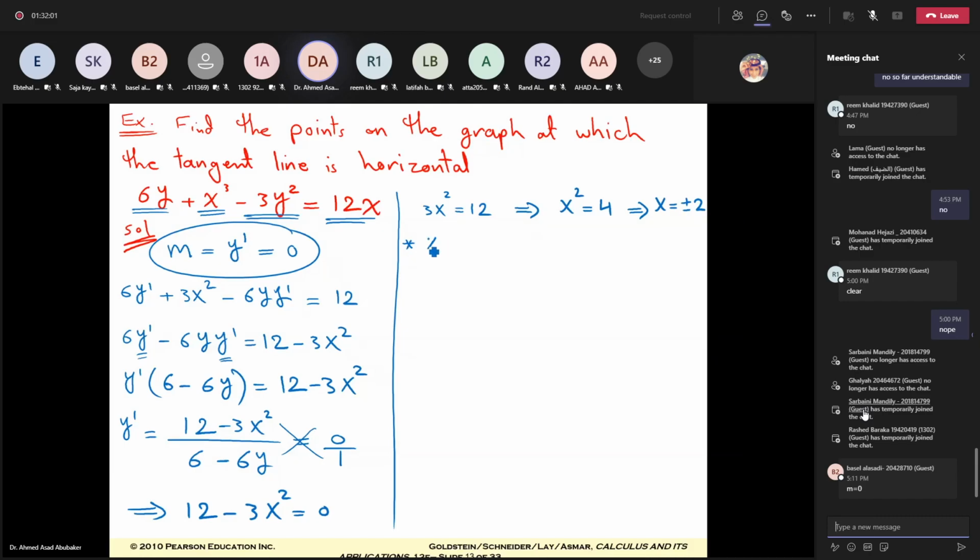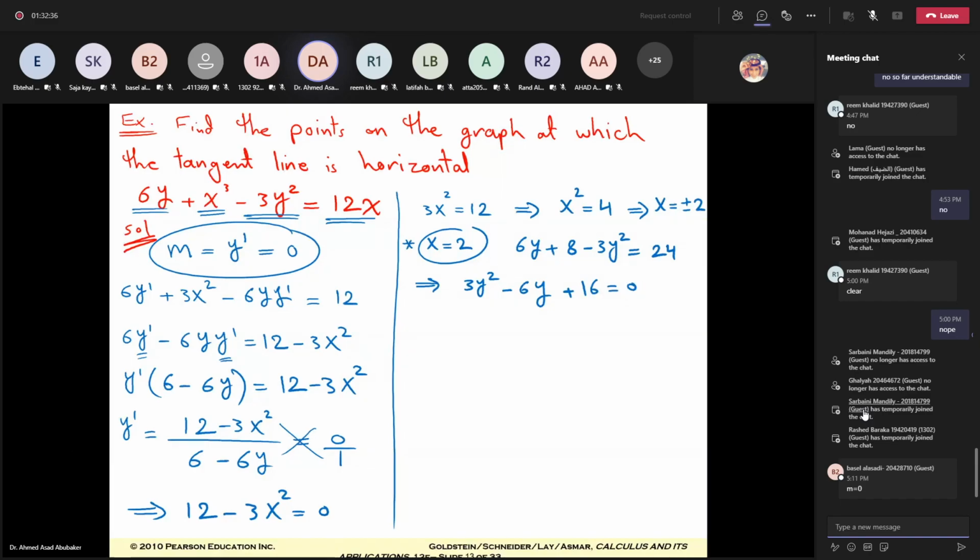Number 1, at x equal 2, substitute x equal 2 to find y. We have 6y plus 8 minus 3y squared equal 24. So we have the quadratic equation 3y squared minus 6y plus 16 equal 0.